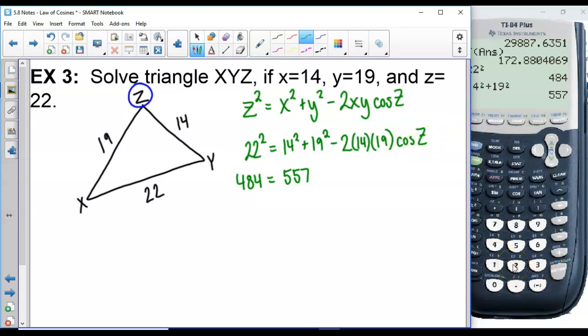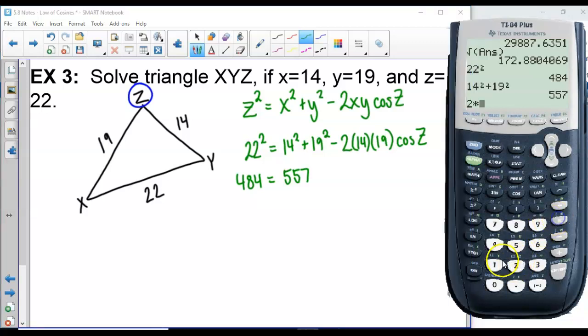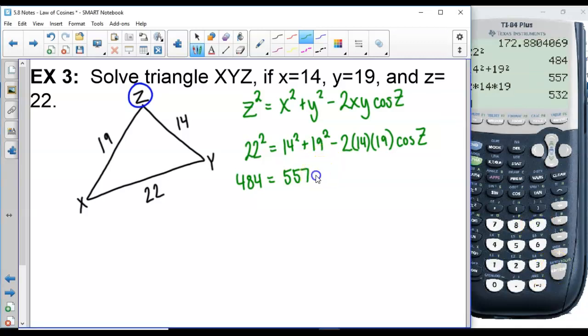So it has that variable with it, so you can't combine it. So you got to have 2 times 14 times 19. And that's going to give you 532.